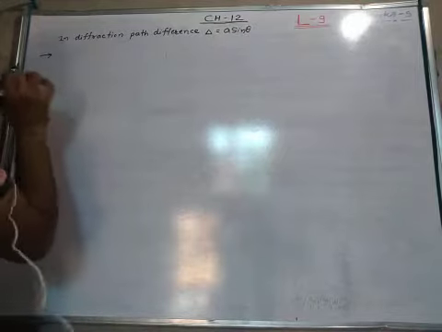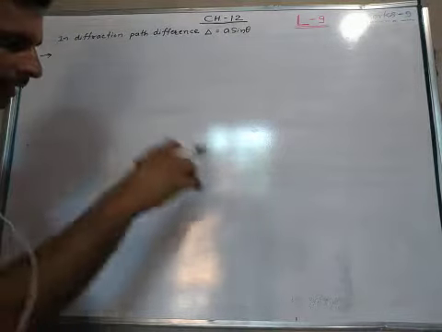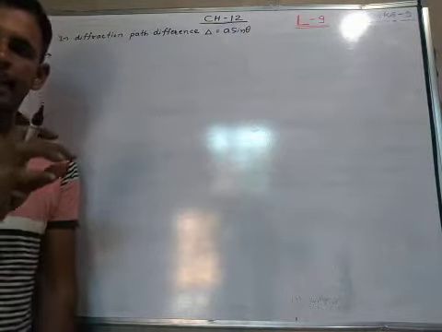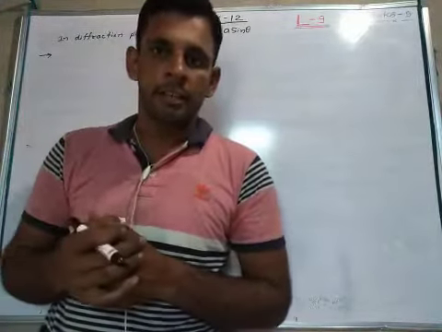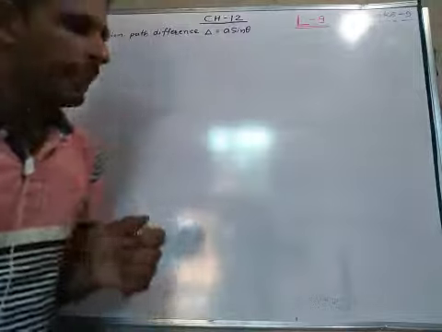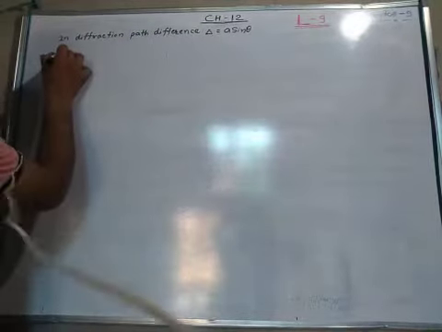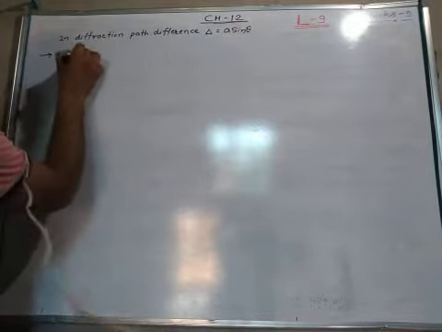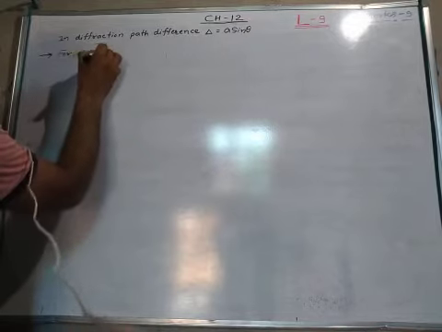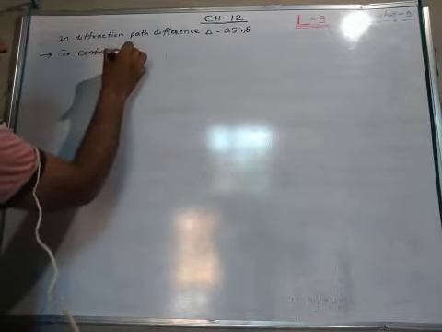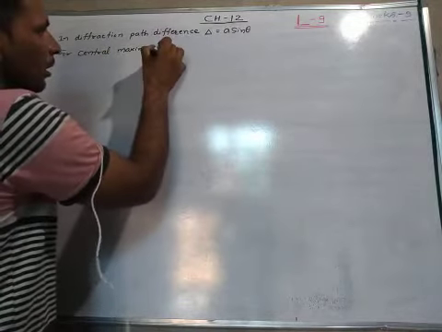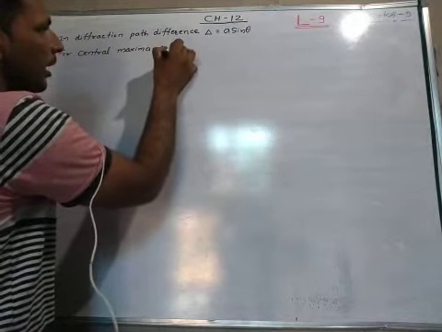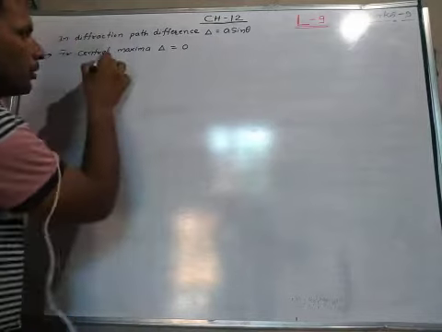We first apply the condition for central maxima. In diffraction, at the center the intensity is very high; that is called central maxima. For central maxima, path difference delta equals 0.